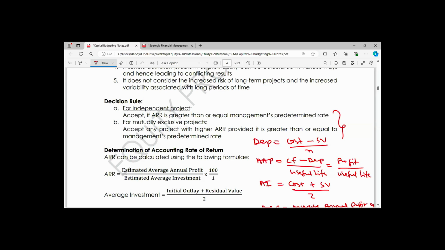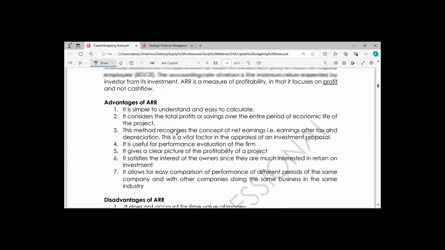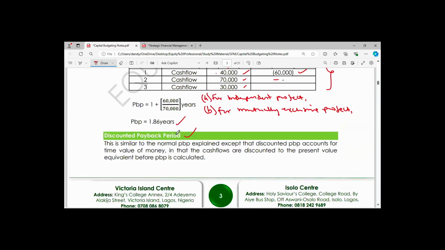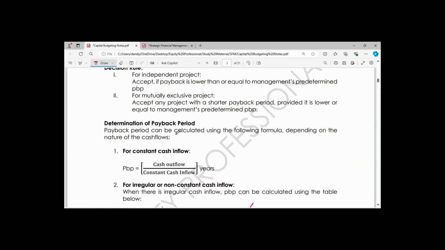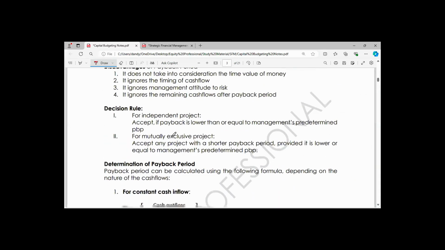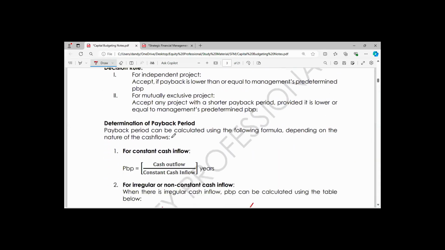So again, there is something I forgot to tell you under the payback period. When you want to make a decision under payback period, you don't benchmark your calculated payback period with the useful life of the project. No, you have to benchmark with the management predetermined payback period.